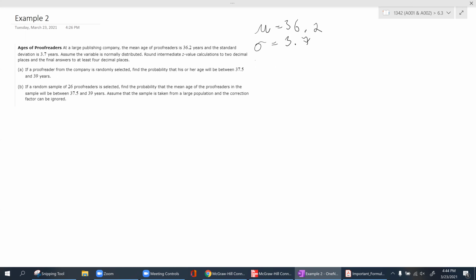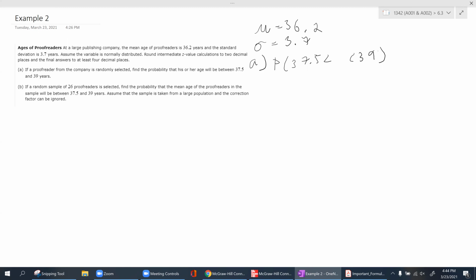For part A, they're saying if a proofreader from the company is randomly selected, find the probability that his or her age will be between 37.5 and 39. This is why I said you need to be careful with the information I'm giving you.